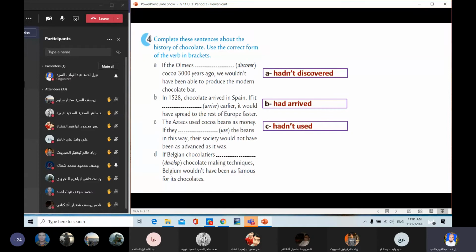If Belgian people, from Belgium, chocolatiers developed chocolate making techniques, Belgium wouldn't have been as famous for its chocolates. Had developed. Had developed or hadn't? Had developed. Negative. Hadn't developed. Thank you.